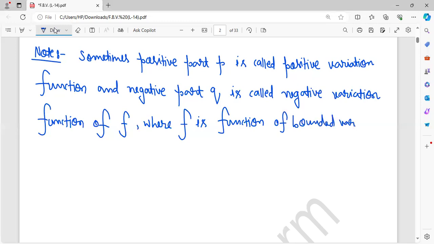So positive and negative parts of a function of bounded variation are respectively called positive variation function and negative variation function. Okay, so we'll do one remark.